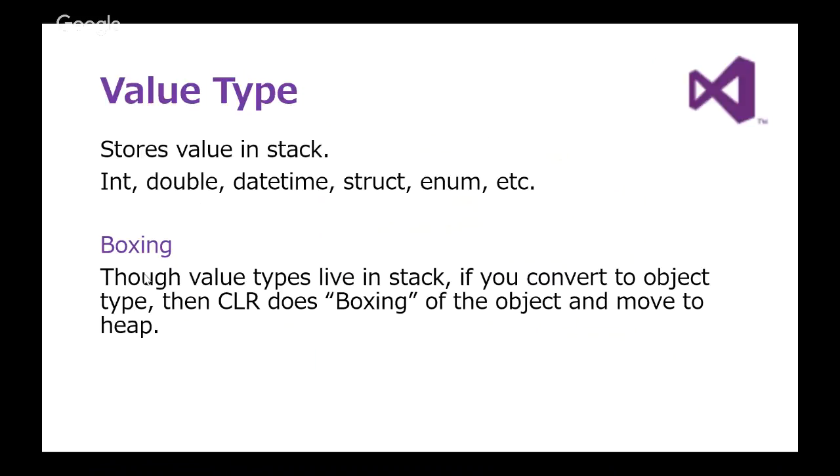As soon as we do that, that value is copied to the heap as an object. That's called boxing. And we have another word called unboxing, meaning whenever we try to get the value out of that object, which is an int, by the way, we are unboxing the object.